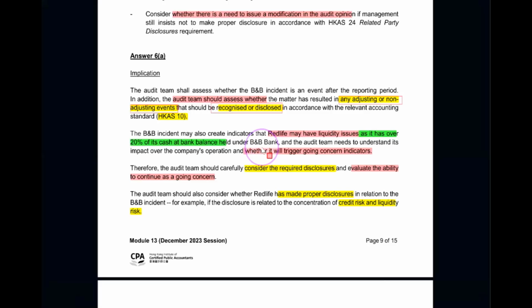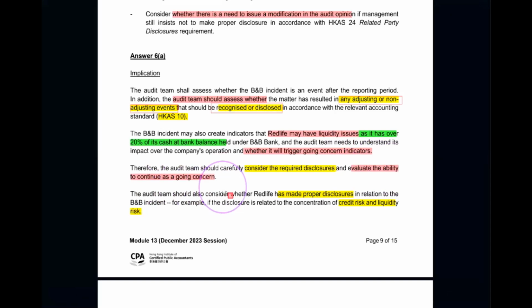But 20%, the 20% is a very interesting percentage. It's not high, but it's not low. 20% seems a lot, but it's not a lot, okay? That's what triggers the audit team to need to consider the required disclosure regarding the evaluation of the ability to continue as a going concern. That's why the question is set around 20%.